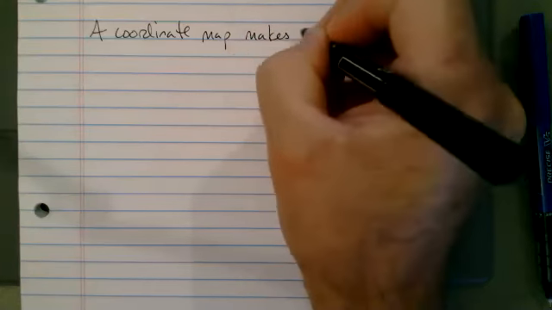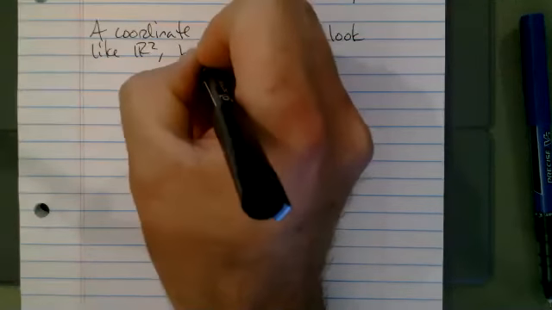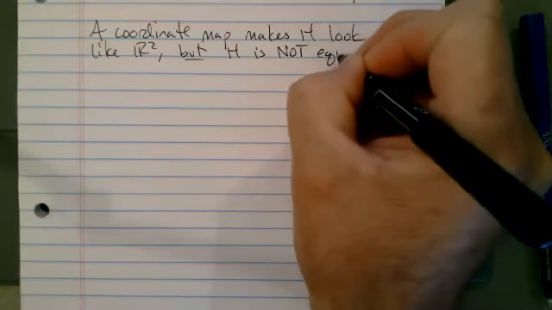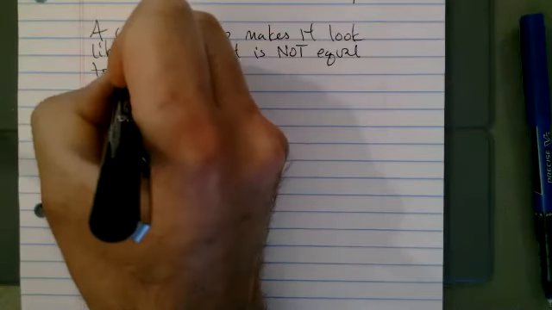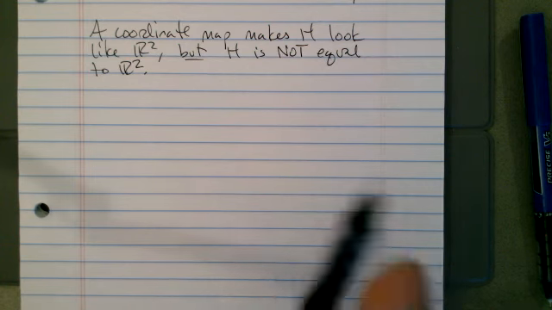A coordinate map makes H look like R2, but H is not equal to R2. Because vectors in H have 3 coordinates, because H is a subspace of R3.